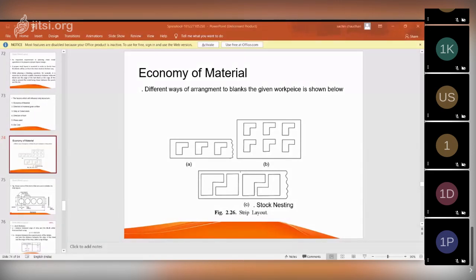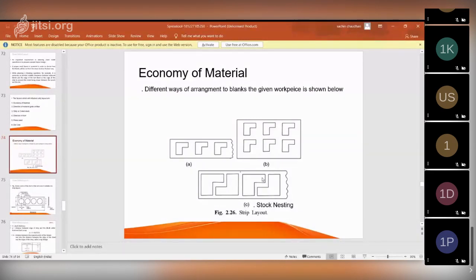Okay, and the advantage is you can use this stock nesting, you can arrange your sheet metal layout as shown in figure C.